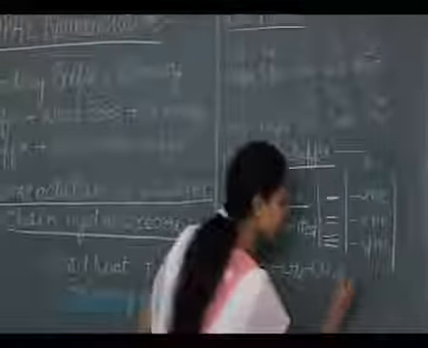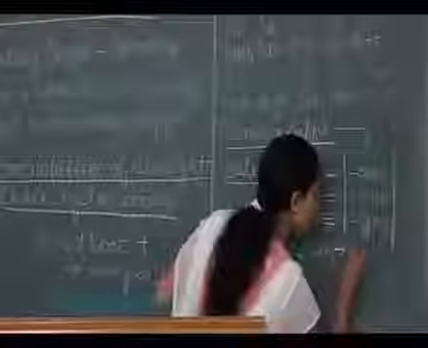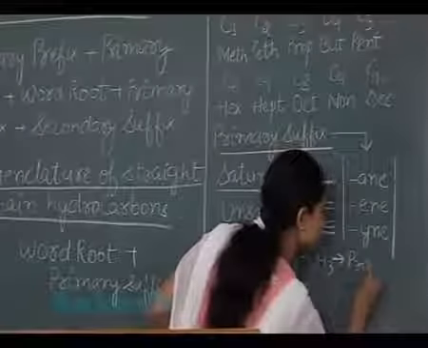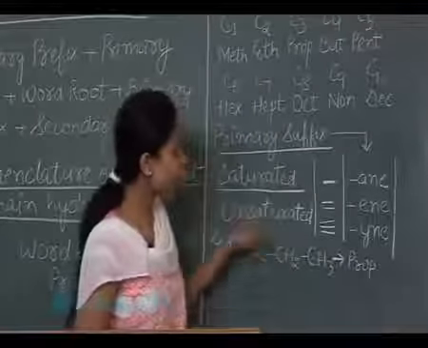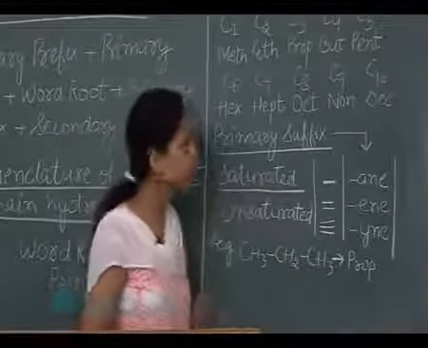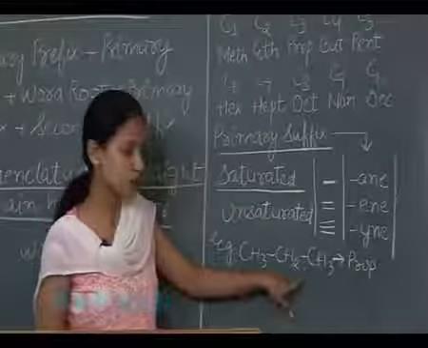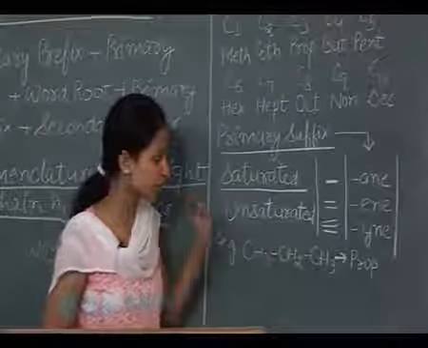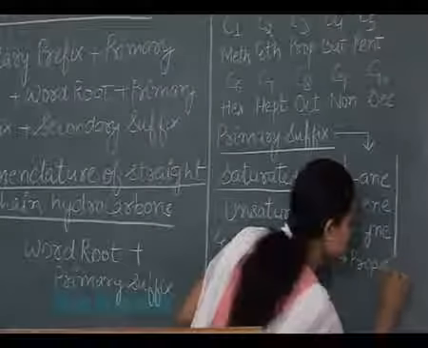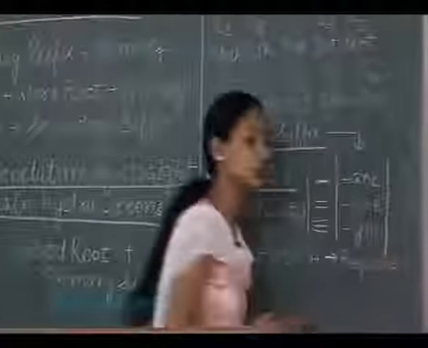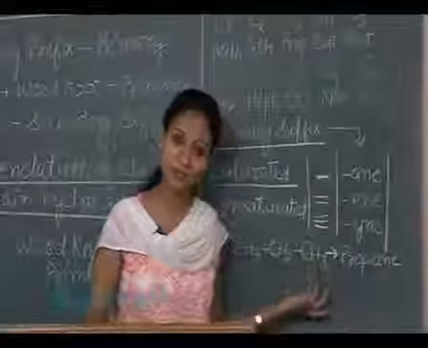So I can write here prop. This is the word root for this organic compound. Now I have to add a primary suffix also here. As you can see, all the bonds here are single bonds. So the primary suffix would be "-ane". Therefore the name of this organic compound is propane.